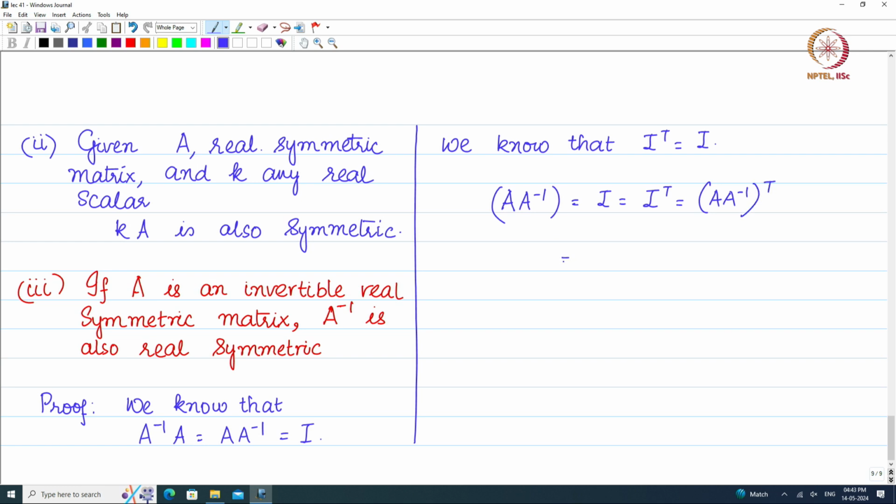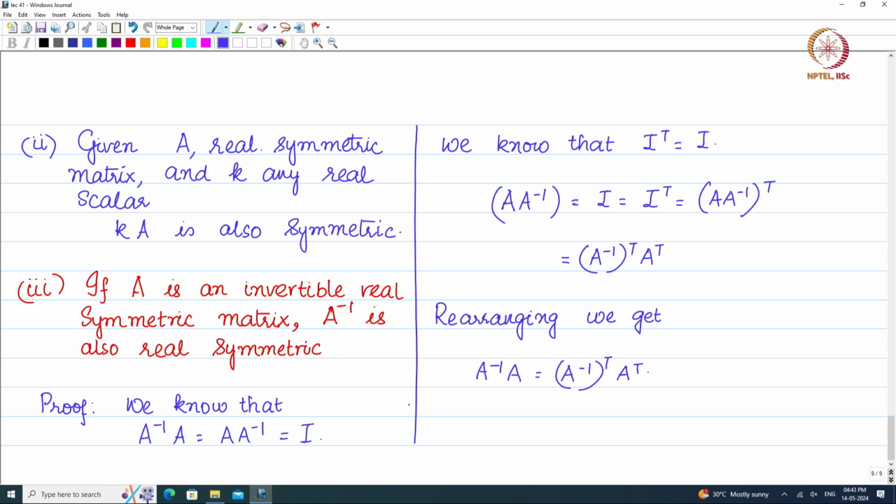Now, what do we get? This is nothing but A inverse transpose into A transpose. So, if we try to rearrange this, we get A inverse A is equal to A inverse the whole transpose into A transpose.